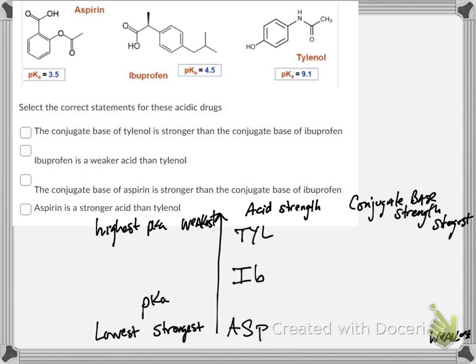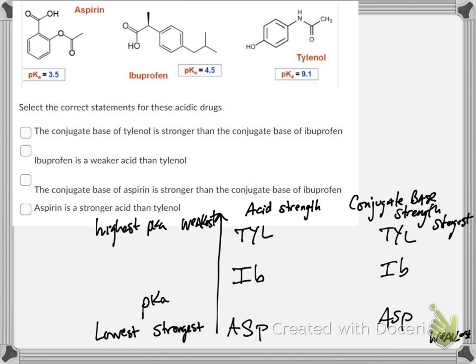If we rank these, we see Tylenol is the weakest acid with a pKa of 9. The strongest acid is aspirin at 3.5. So the lower the pKa, the stronger the acid. This also means that the strongest conjugate base is Tylenol, and the weakest conjugate base is aspirin.